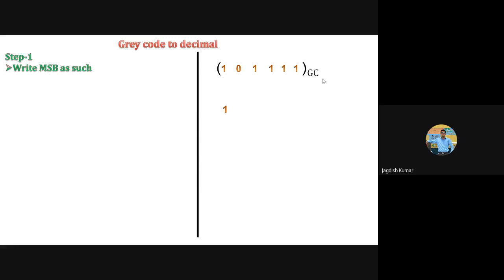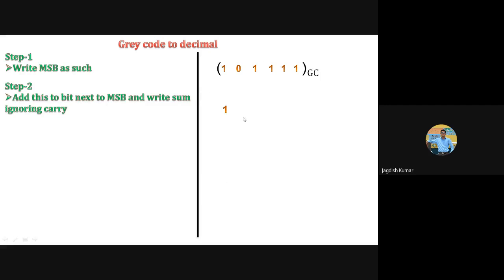So what does the first step say? You have to write down the most significant bit directly. So here it is. Then the second step says add this bit to the bit next to the most significant bit and write the sum, ignoring carry.